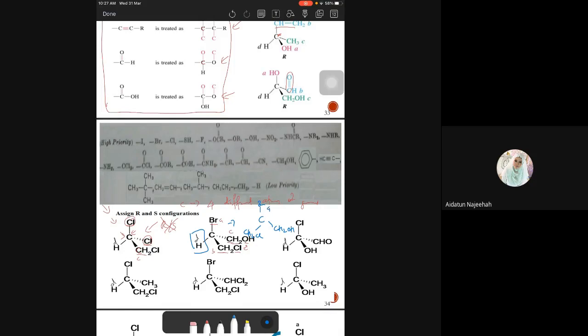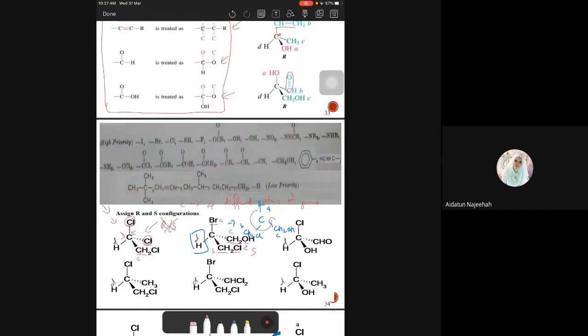You have your A, you have C here, and this is B. Then determine whether this rotates to the left or to the right according to A, B, C. So this one rotates anti-clockwise, so this would be labeled as S. That is how you assign the configuration.